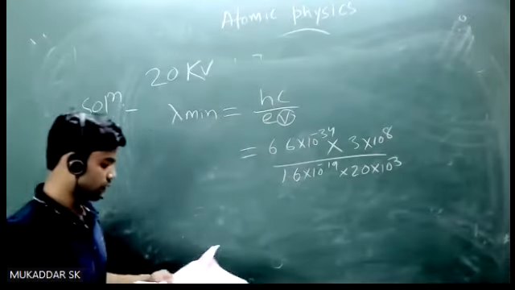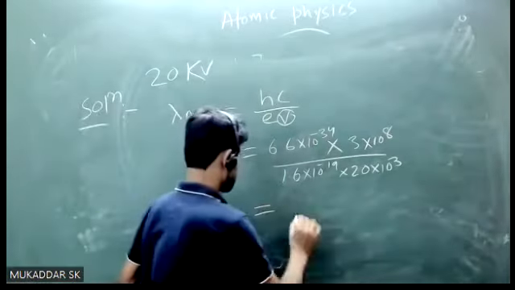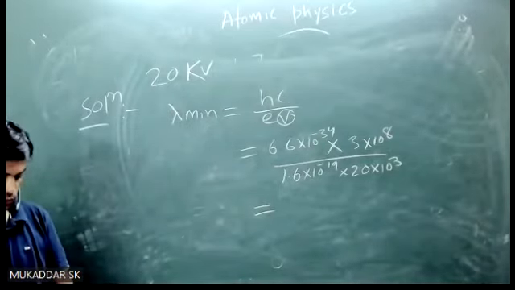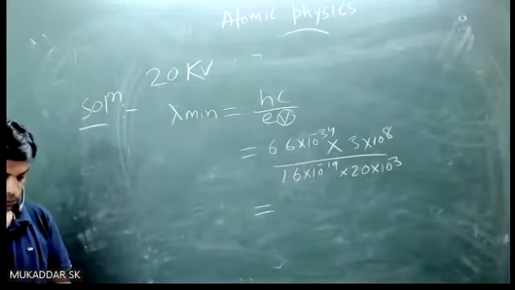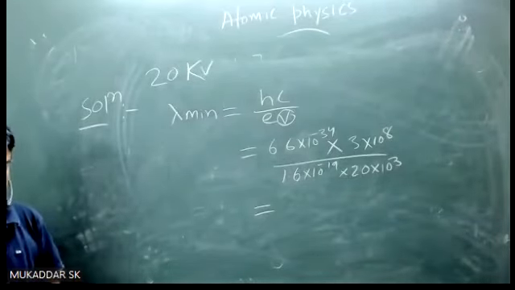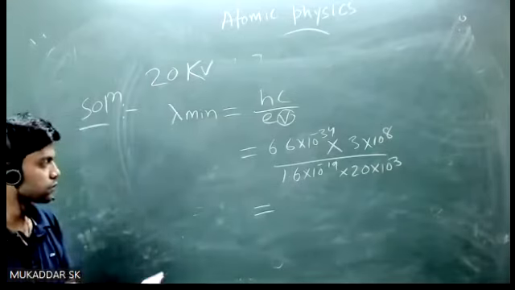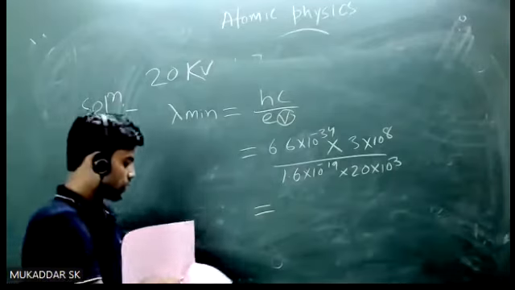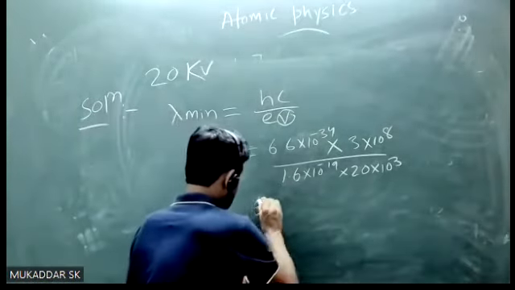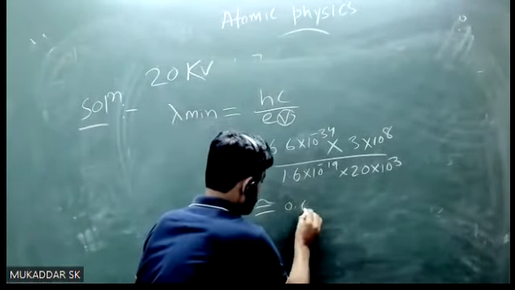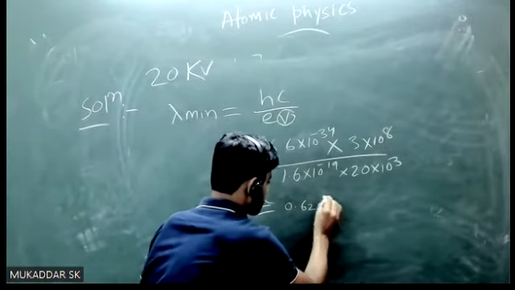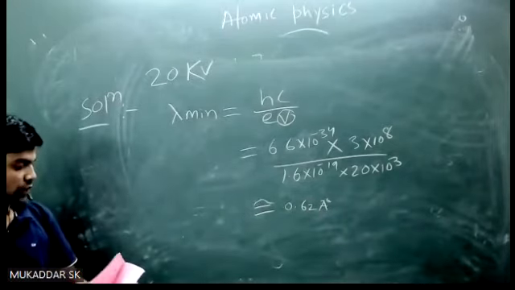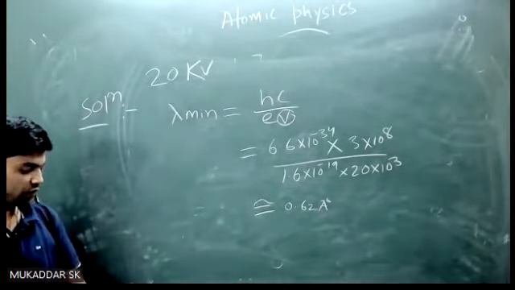Now if you calculate, how much will you get? You will get approximately 0.62 angstrom. The minimum wavelength of X-ray will be 0.62 angstrom.